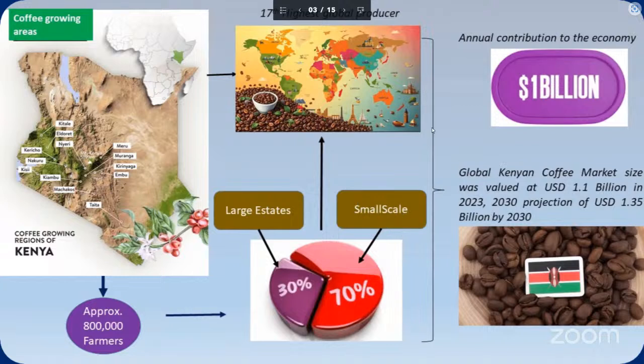And this translates to our country being the 17th highest global producer. The annual contribution to the economy by coffee is 1 billion, and the market size for coffee is continually growing. As at 2023, we were at 1.1 billion, and that is projected to continue rising.